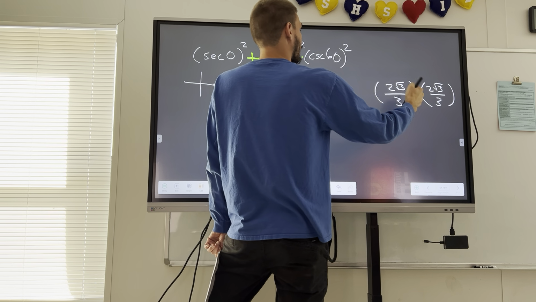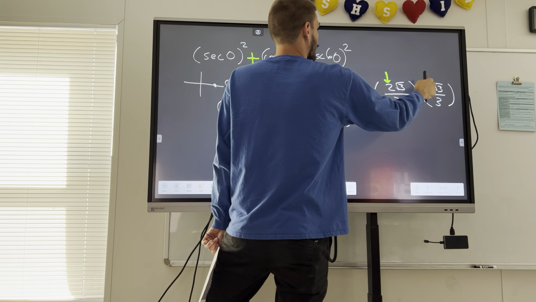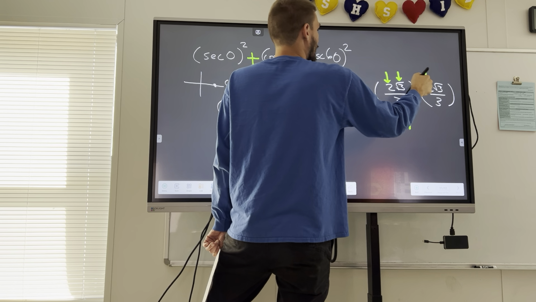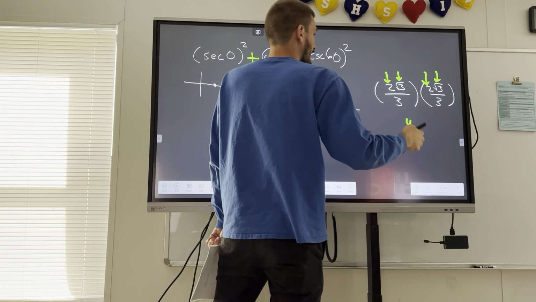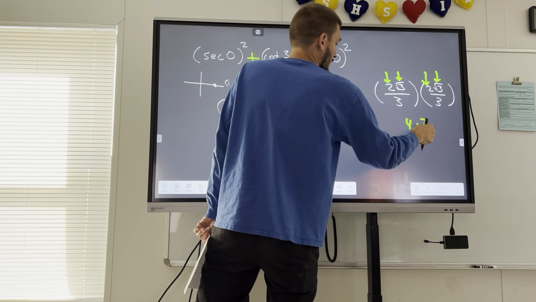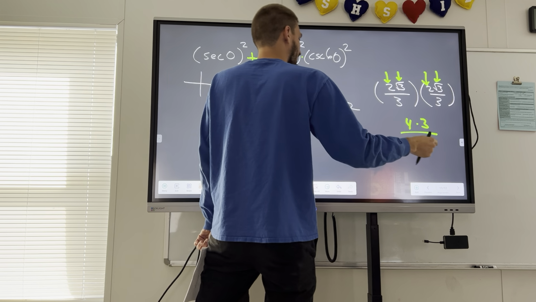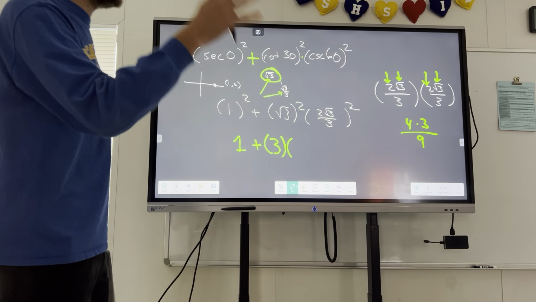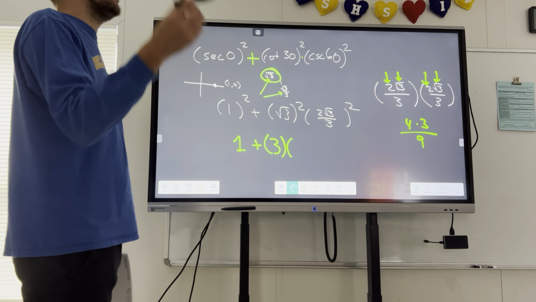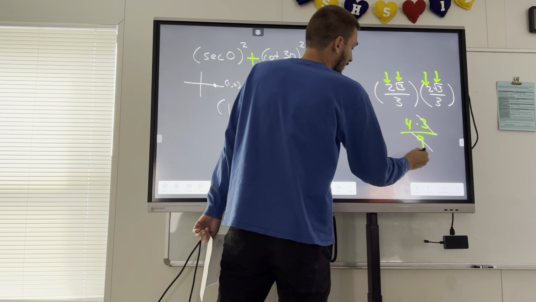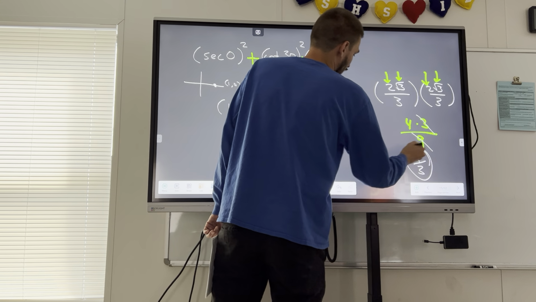On the top, 2 times 2 makes 4. Square root 3 times square root 3 is square root of 9, which is 3. And on the bottom, 3 times 3 is 9. So we're getting 4 times 3 divided by 9. And we know that 3 and 9 can reduce, and we get 4/3.